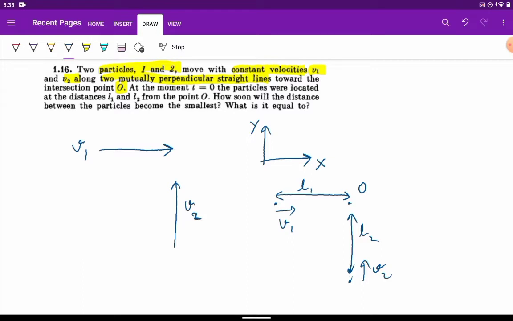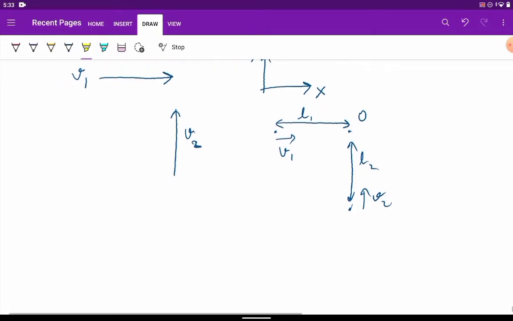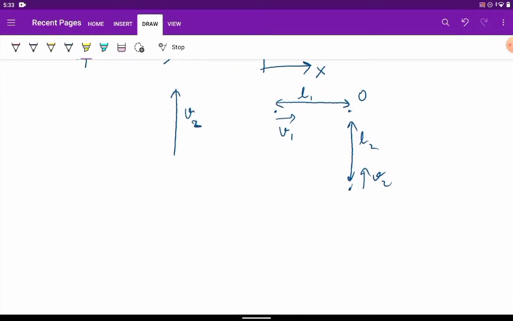How soon will the distance between the particles become the smallest, and what is it equal to? Okay, so as a function of time, we'll first of all find out the distance between the two particles.